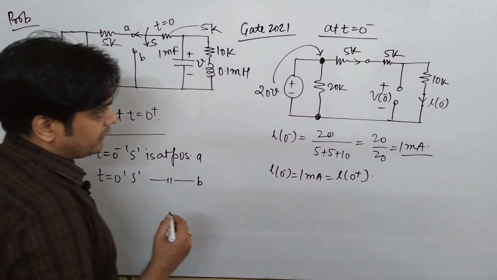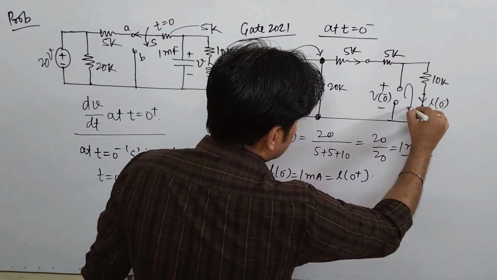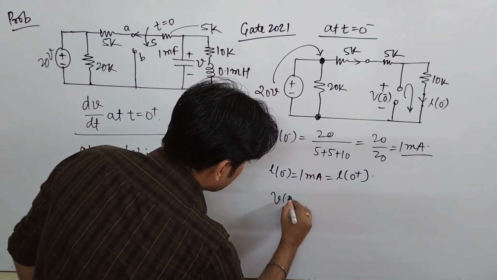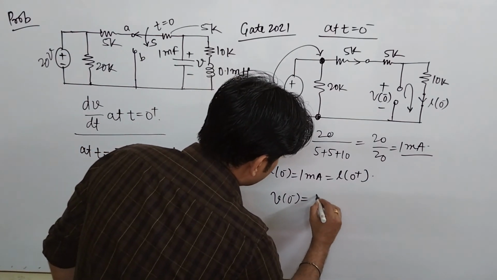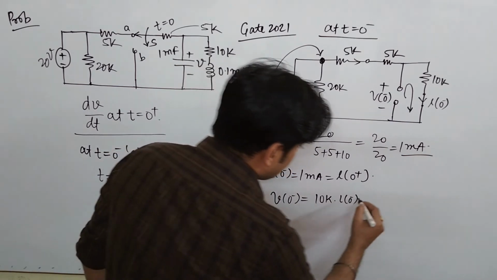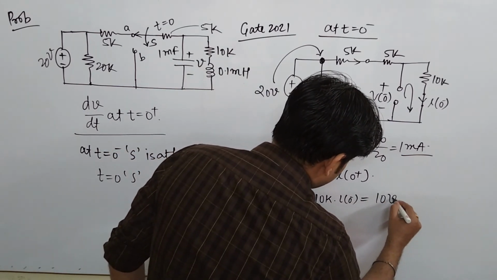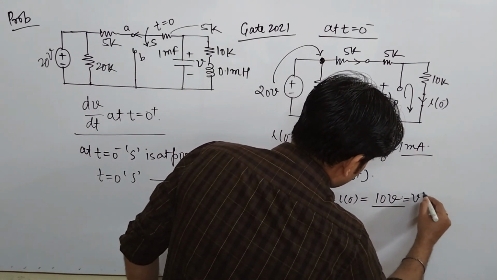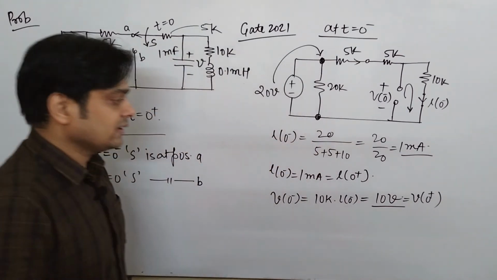The first condition we have found. Similarly, if you apply KVL here, you can find the value of V0 negative. Your V0 negative comes to be 10k into I0 negative. Milli and kilo will get cancelled out. The answer comes to be 10 volt. So from here we identify that our capacitor and inductor are initially charged.